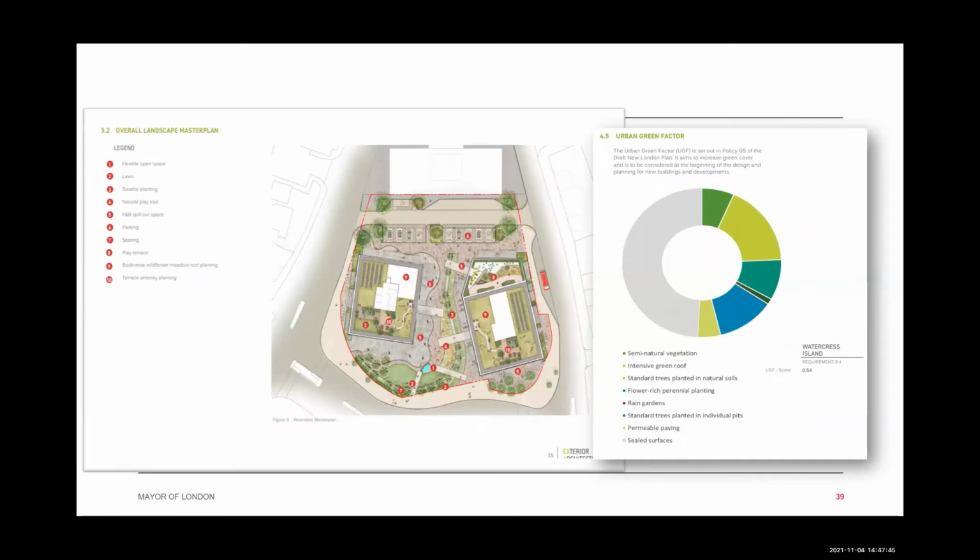And I provide this example here. This is a scheme that scored a UGF score of 0.54, so well exceeded the 0.4 residential target, and it had been designed taking into account the local context. It's quite near a river corridor and a number of wildlife sites, but in an area that is really a gap in the local green space and ecological network.